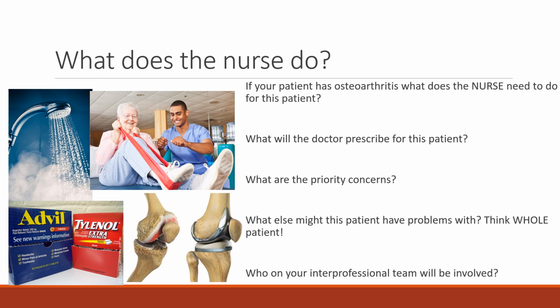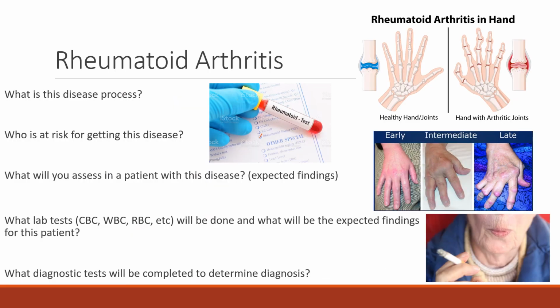All right, let's move on to rheumatoid arthritis. Now, remember, I said rheumatoid arthritis and OA are difficult to distinguish in the earlier stages. So let's look at, first off, what is rheumatoid arthritis? What is this patho? And the patho is where the synovial membrane gets inflamed.